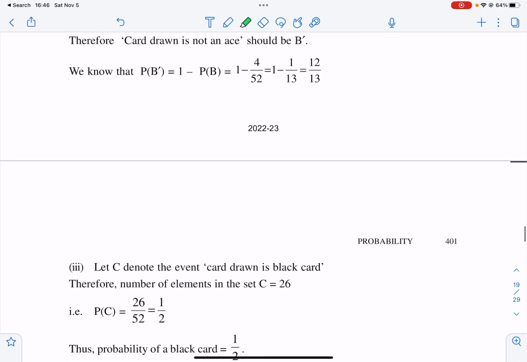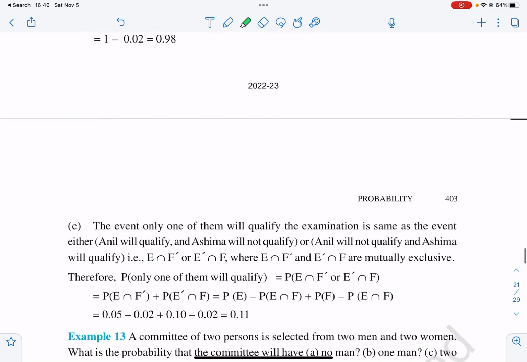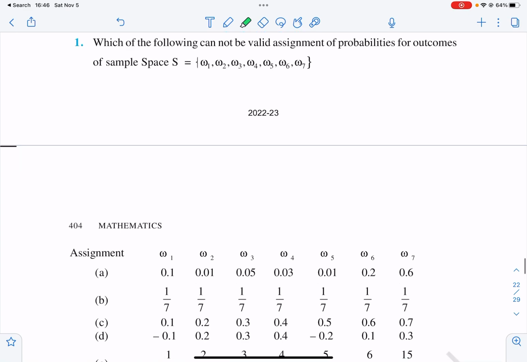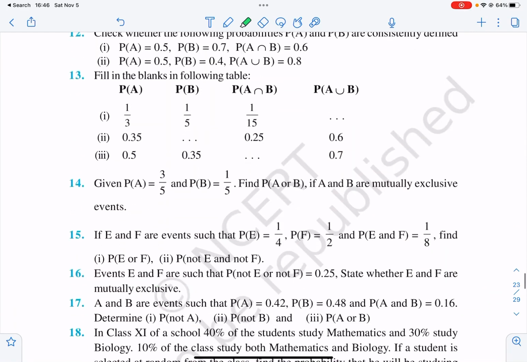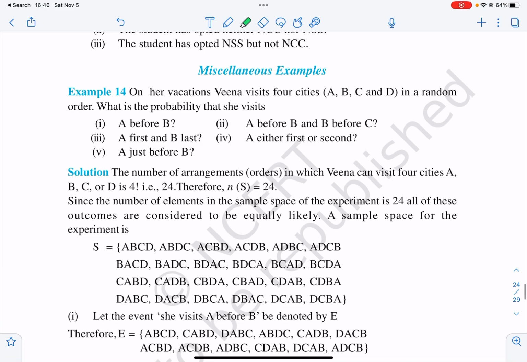Then there are going to be problems based on that. And as we move along, you can see that we will have a whole set of assignments based on the axiomatic probability theory, and that will almost conclude our chapter.